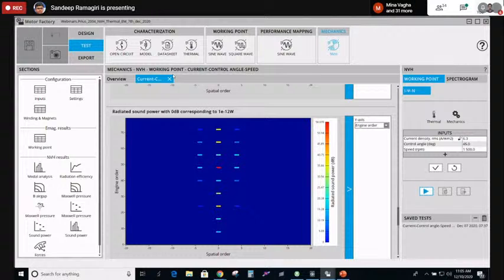And so as you see here, in the Altair Flux Motor technology, we can do the electromagnetic simulations step by step for the cogging, back EMF, for the efficiency maps, and also compute the model characterization and datasheet test, and we can do the thermal test, and also the NVH analysis.